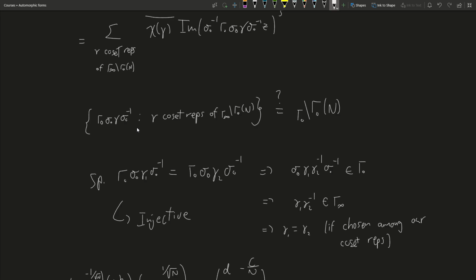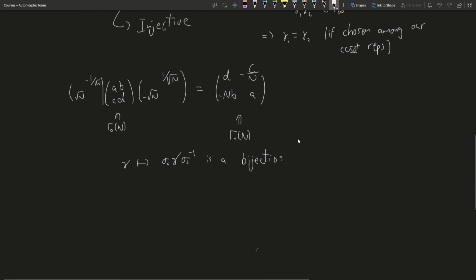If you think of it as just a set of elements in the group, the set of elements in the group that contains this group element, sigma naught gamma sigma naught inverse, had to be in one of the cosets, and so you're going to get all the cosets of gamma naught n mod gamma naught.